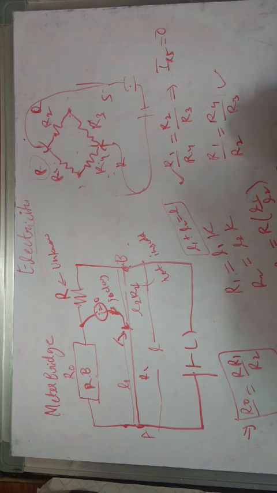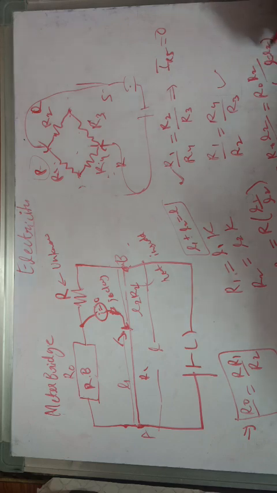Or I can write it as R, the unknown resistance, is equal to R0 times L2 over L1, which can be written as R0 times L2 over L minus L2, the total length L minus L2, or we can also write it as R naught times L1 over L minus L1.